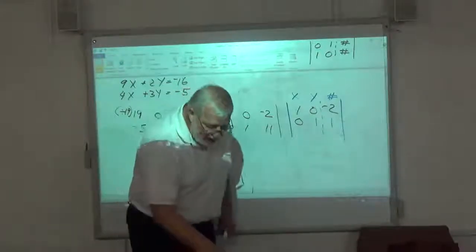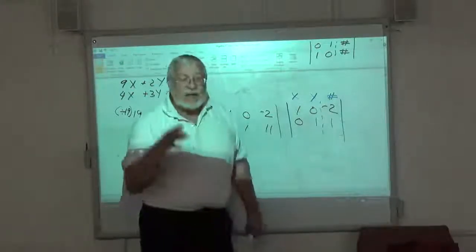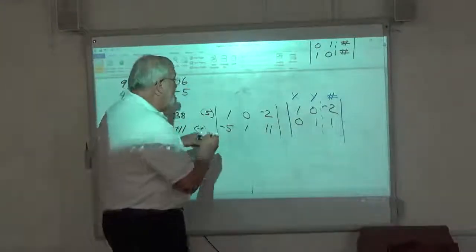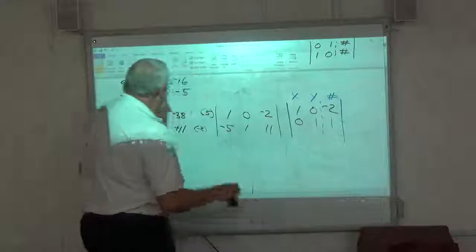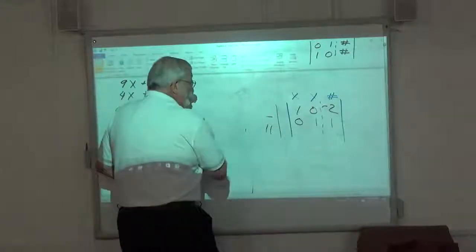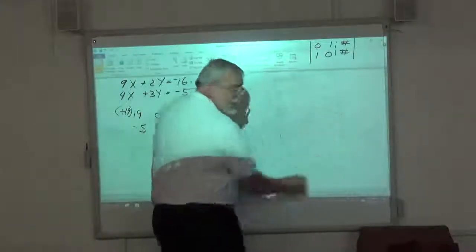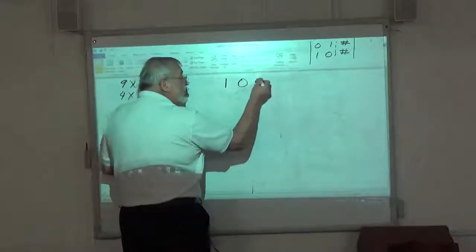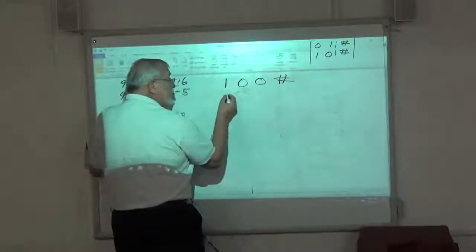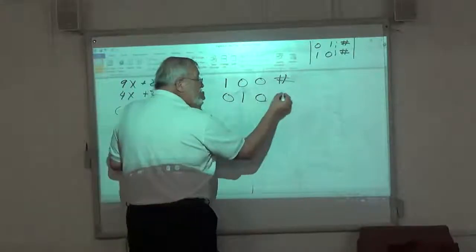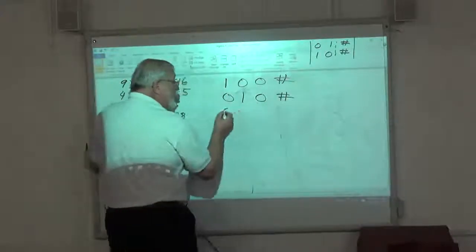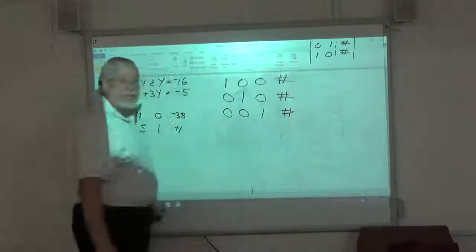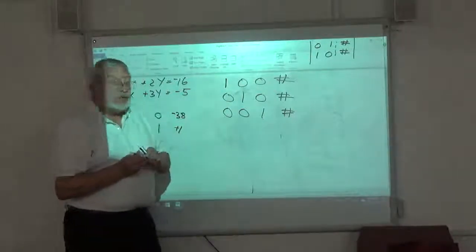All right, but this one, because it's a 3 by 3, you're going to have to get an identity matrix that looks a little bit different. The identity matrix is going to have 1, 0, 0 number, 0, 1, 0 number, and 0, 0, 1 number. And this is what we started with.